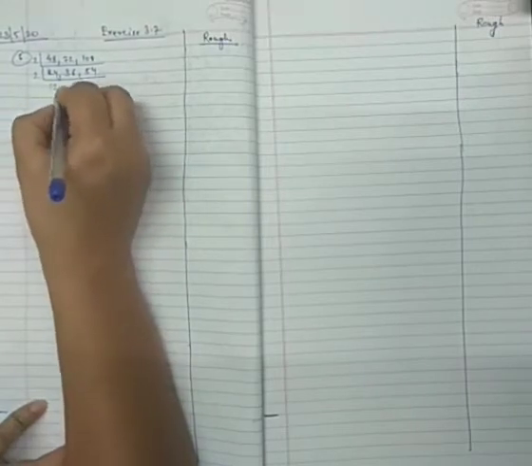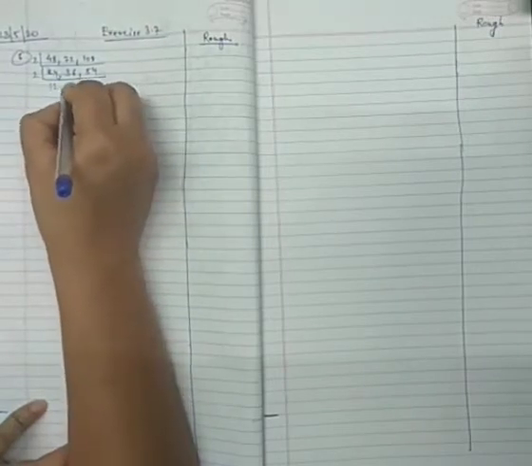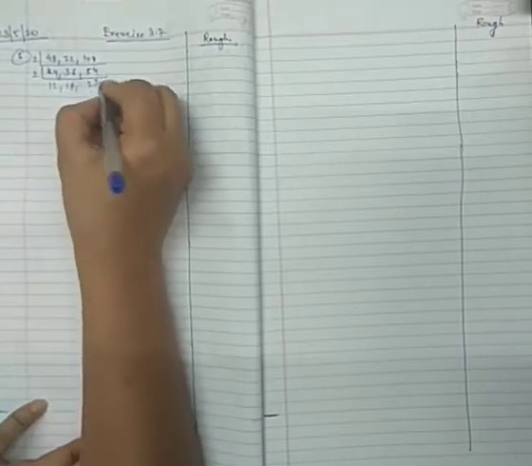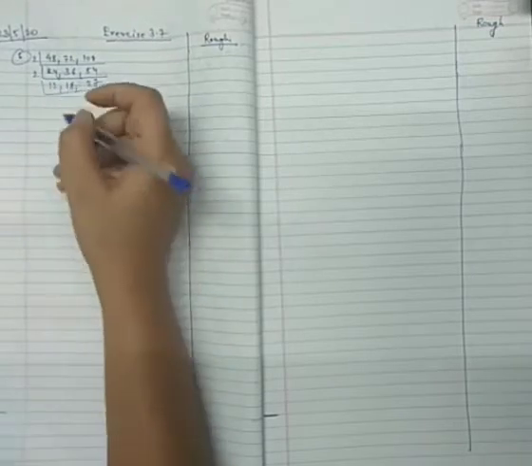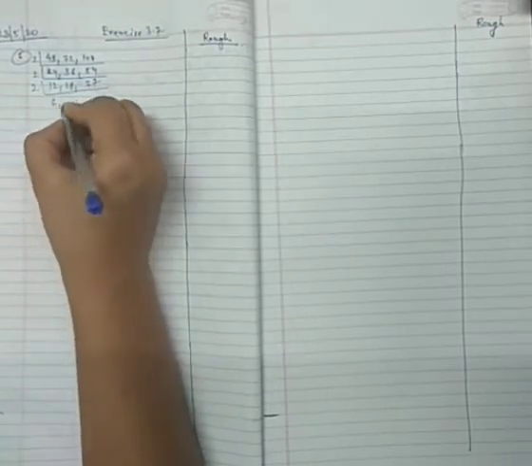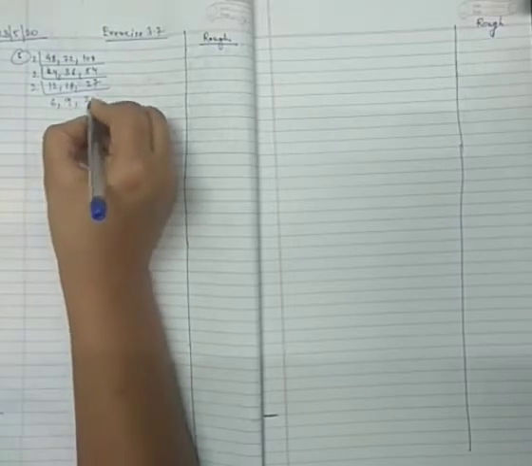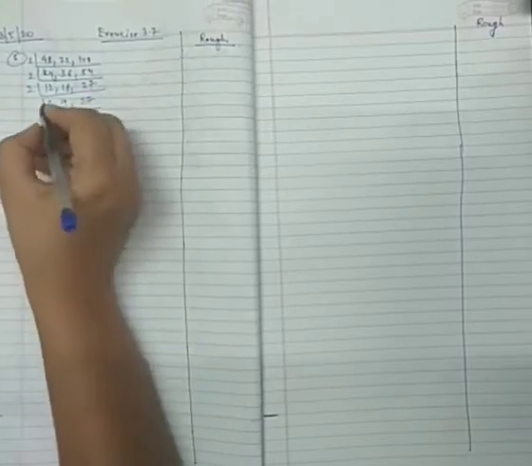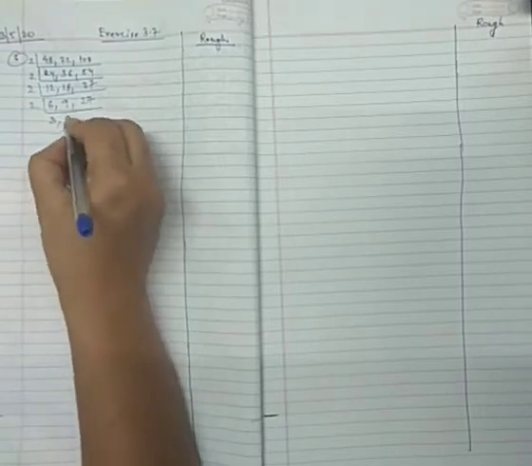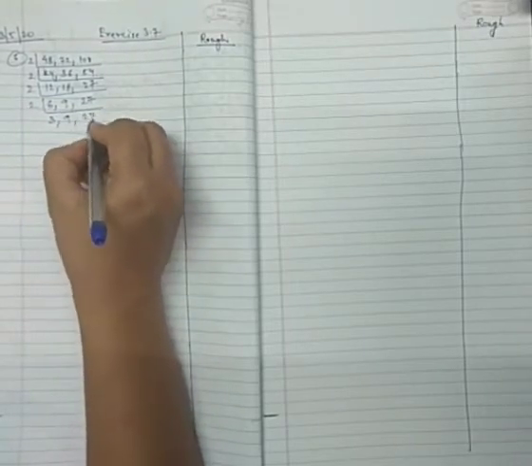So 2 12s are 24, 2 18s are 36, and 27 comes as it is. Now again these two will go by 2: 2 6s are 12, 2 9s are 18, and 27 comes as it is. Now 2 3s are 6, 9 comes as it is, 27 comes as it is.